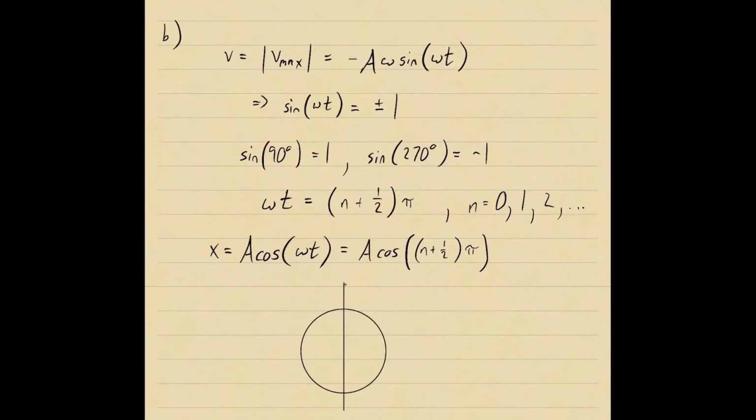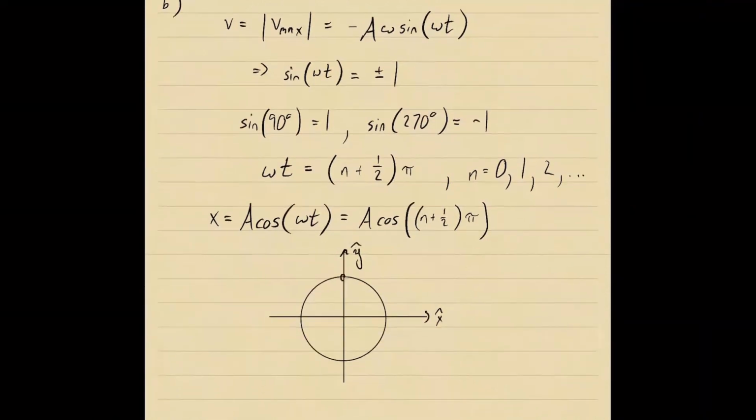So notice, this is our circle. That's x, that's y. Anytime sine of theta is either plus 1 or negative 1, the cosine, the x component, is going to be 0, and hopefully that makes sense.